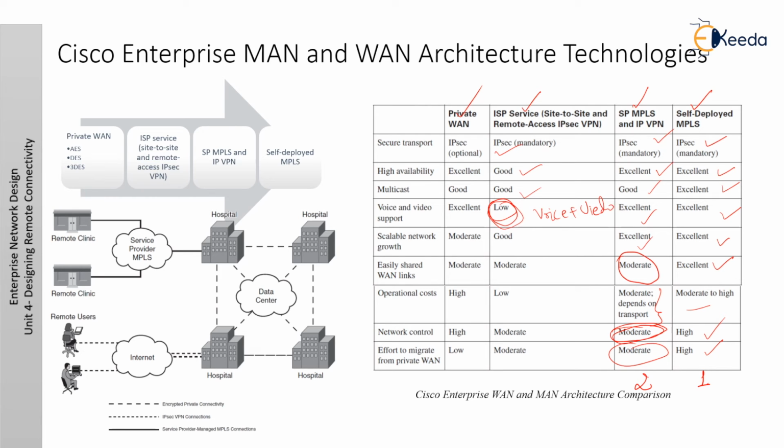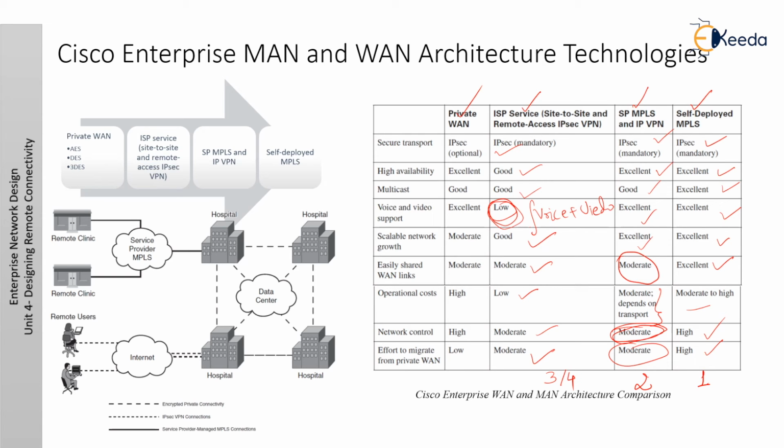Integration of this is very important. Scalable network growth is good, easily shared WAN link is moderate, operational cost is low, network control is moderate, and effort to migrate from private WAN is also moderate. So this comes in third place, and finally third to fourth place depending on your application.